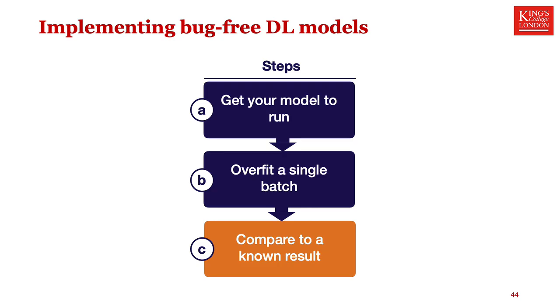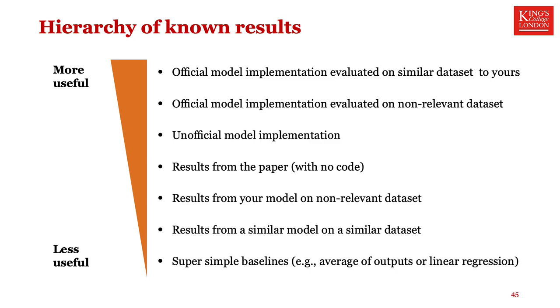And here is where it starts getting tricky, because as we were discussing before, there are so many details that you need to go through so that you can make sure that whatever you've developed is comparable to what the original authors have done. So when you are looking into other people's results, there's a hierarchy of results that you need to have in mind every time you want to compare what you're doing to what other people are doing.